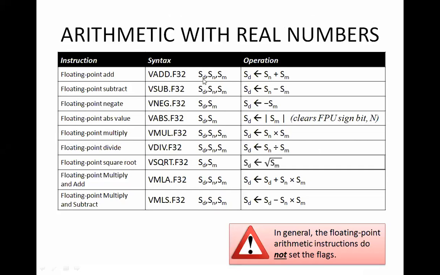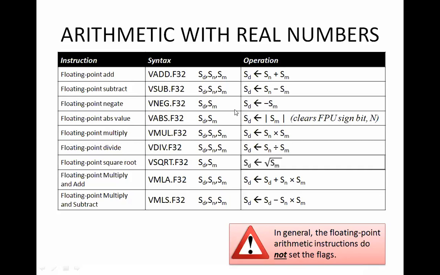This S, as I told you, is associated with floating point registers. So N and M are added, and the final value will come and sit in D. Similarly, subtract and negate, which means minus SM. So whatever value, say 10, minus 10 is moved to SD. I will show this also to you.